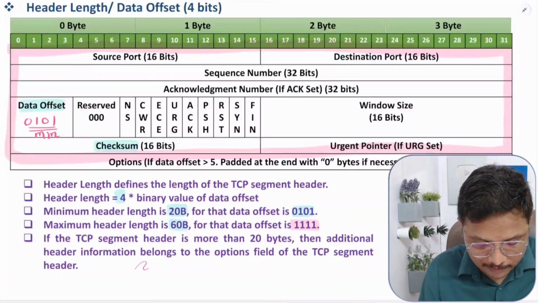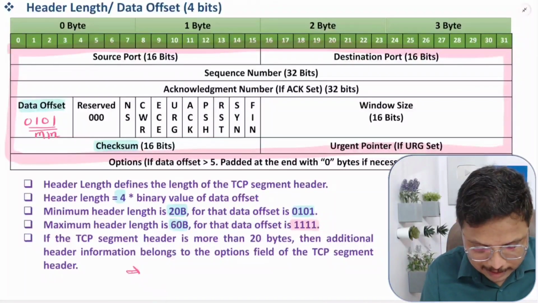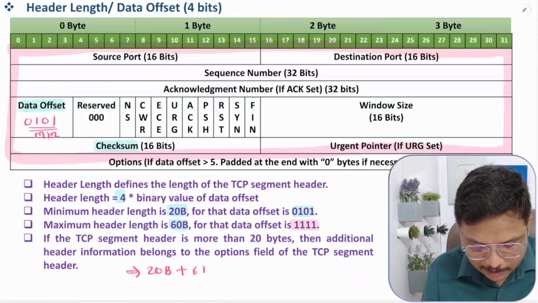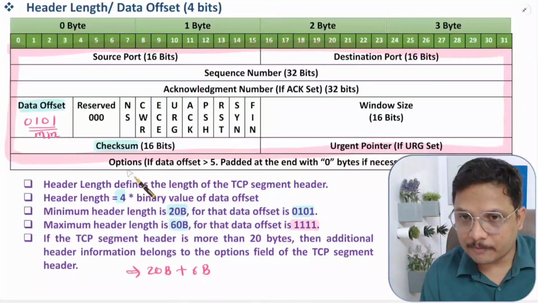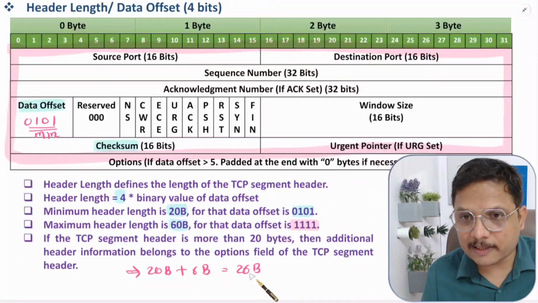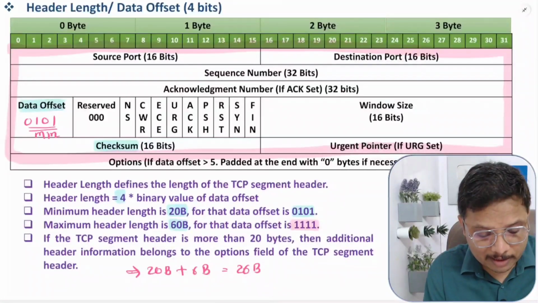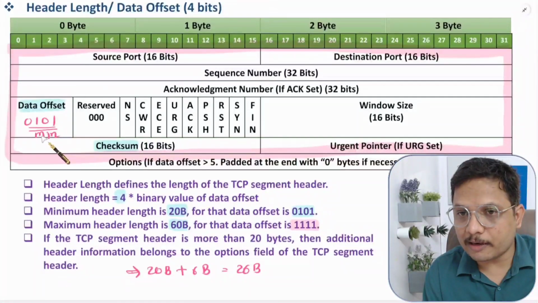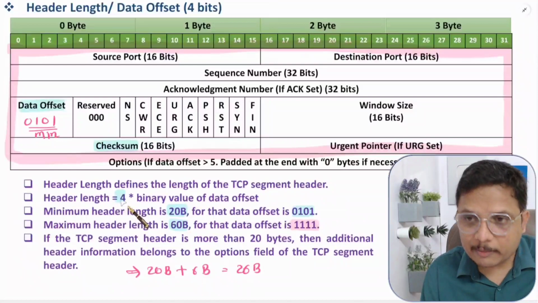See, for that, let us say we are having mandatory fields of 20 bytes. Plus if I say we are having 6 bytes of options over here, so that makes 26 bytes. But 26 cannot be represented as per data offset over here. It should always be a multiple of 4.